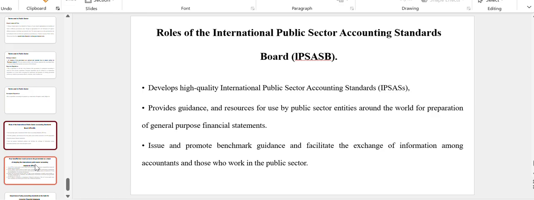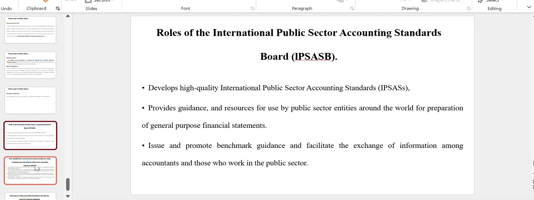Now, for example, if there's a new international public sector accounting standard today in the public sector, that is meant to enhance prudent use of resources, that is supposed to enhance discipline, the board is going to provide what we call transitional guideline.